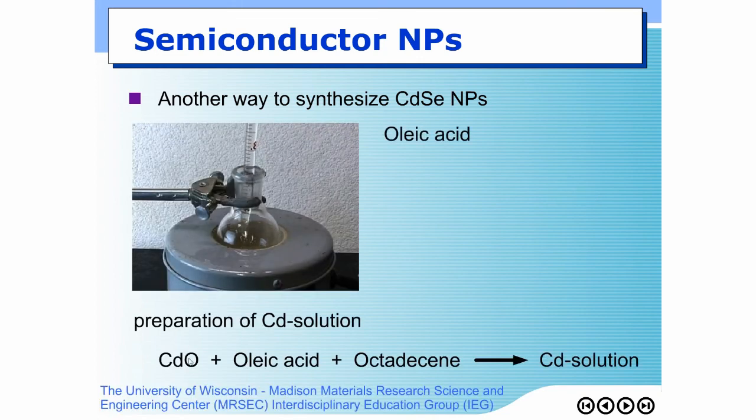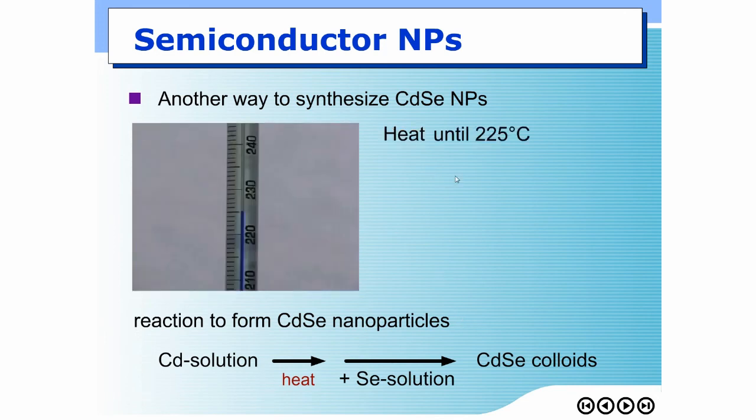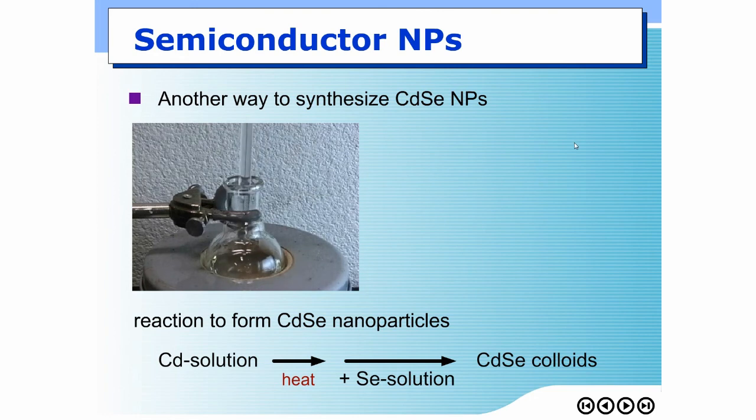We have a precursor for cadmium dissolved in some acid into a cadmium solution. Heat it up. Now we form a selenium solution separately.